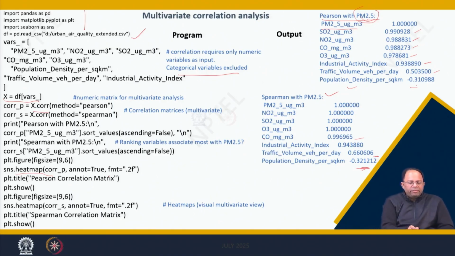So we are generating the heat map, and then we give the plot title, plt.show, plt.figure with what the size of the plot should be, and then what should be shown in the plot: sns.heatmap, corr_s, annot=True, fmt equal to 0.2f. This .2f is basically the rounding of the coefficient values to the second decimal point.